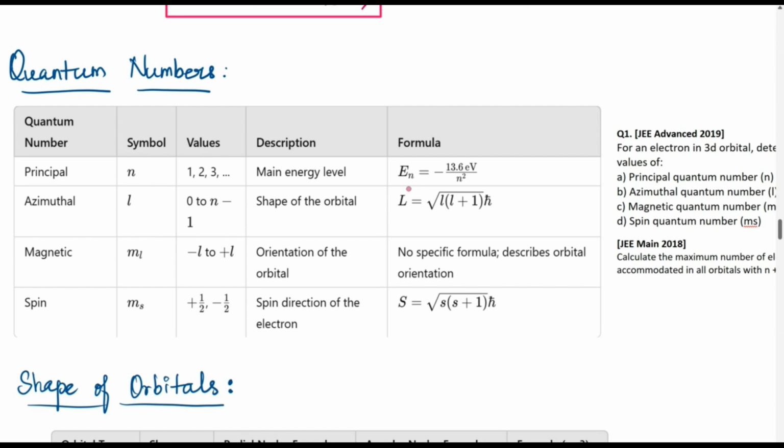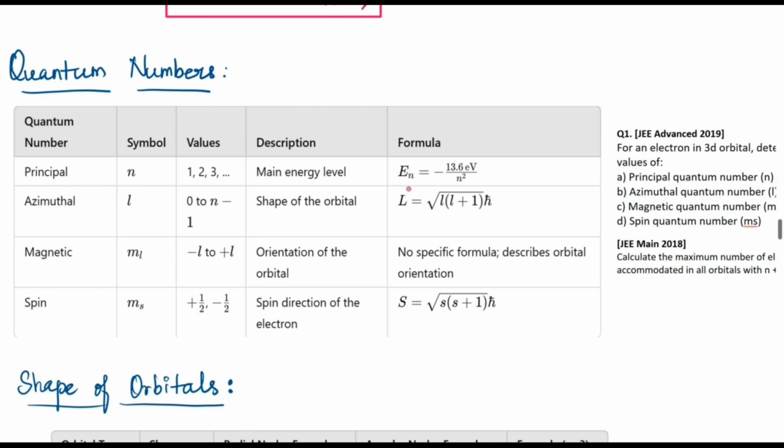Okay, the principal quantum number is nothing but the shell, K, L, M, those shells. And the azimuthal quantum number, those are the subshells, s, p, d, f. Okay, the magnetic quantum number is related to the azimuthal. Why am I saying that? Because it goes from minus l to plus l. Let's say azimuthal is 2. It starts from 0 to n minus 1.